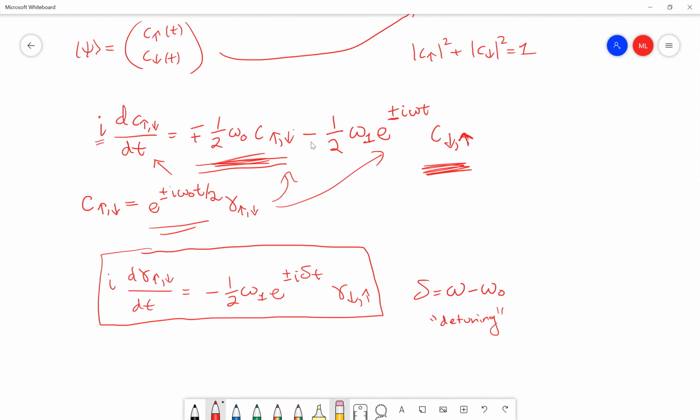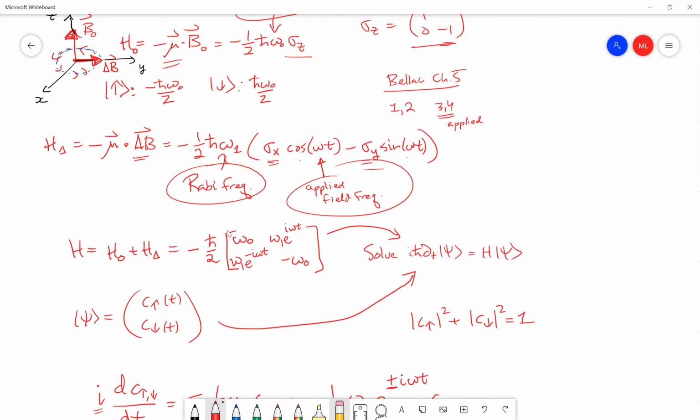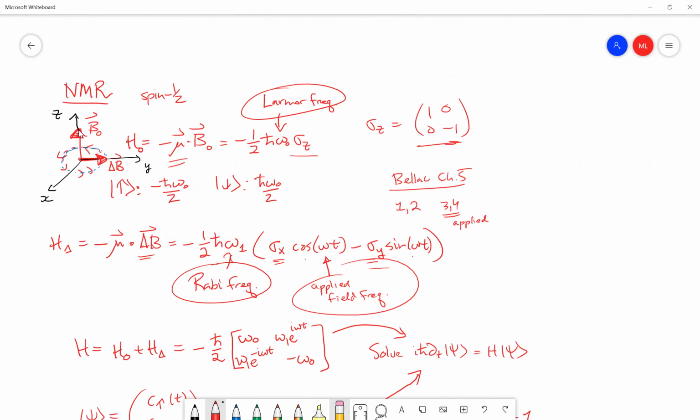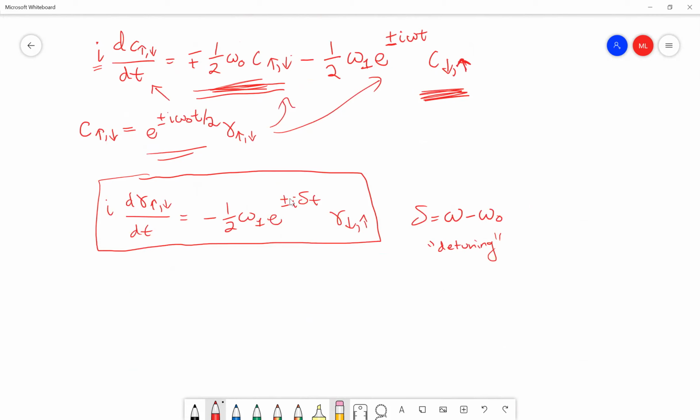It's the term associated with the diagonal piece, which is, remember, just the energy associated with the field pointing in the z direction.